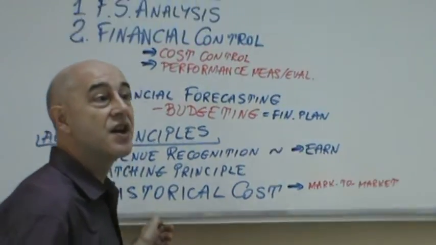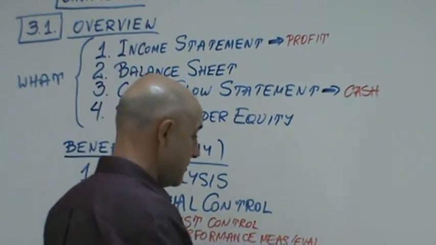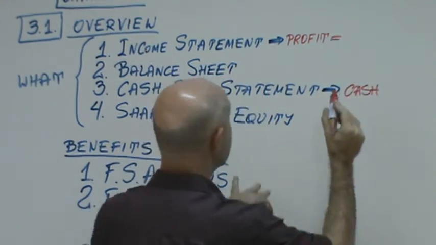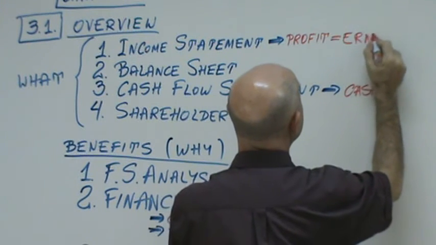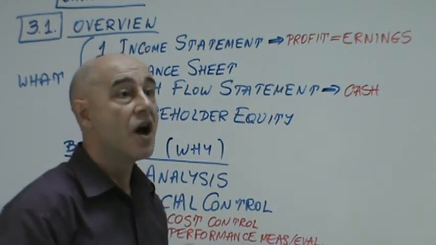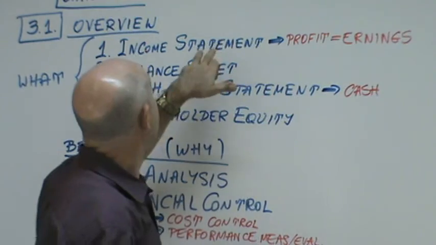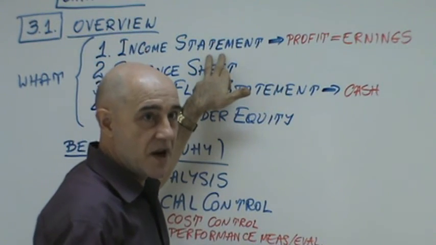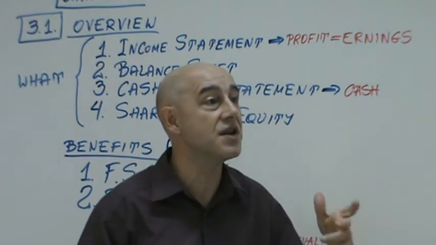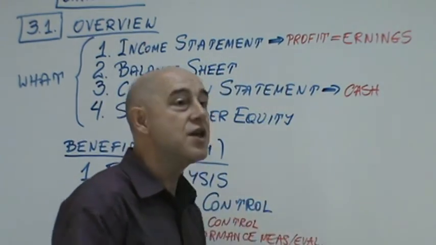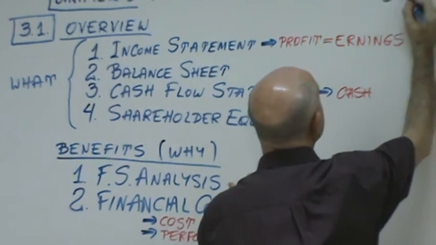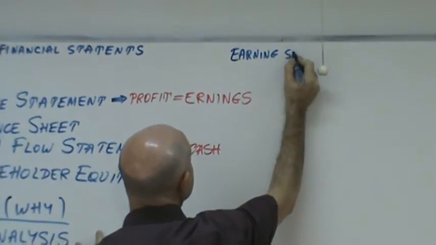In business, in finance, sometimes profit is the same as net income, which is the same as earnings. Very often they call it the earnings statement. And when you hear TV and financial news like CNBC and Bloomberg, they use the word earnings season.